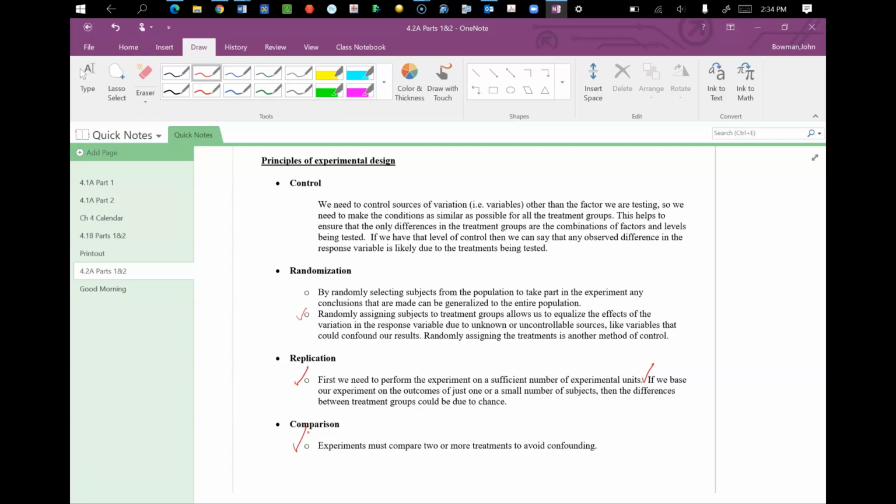And so I have a bunch of volunteers from a particular company, and they are in a single group that gets the yoga treatment, and I find that over time their stress is reduced. Some people might say that the yoga was the cause of reducing the stress.